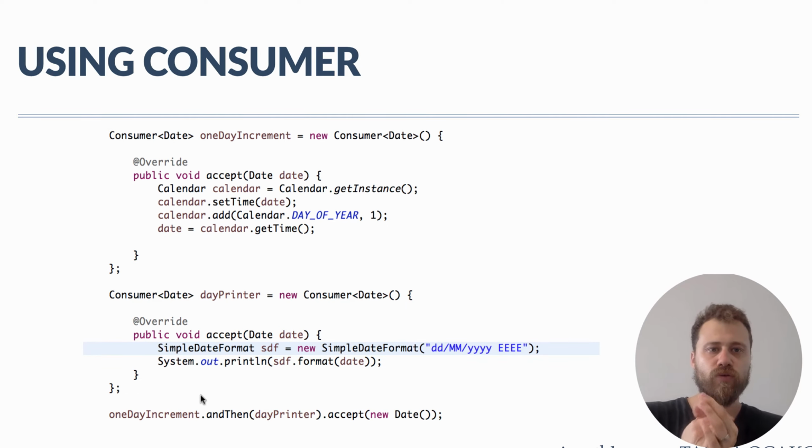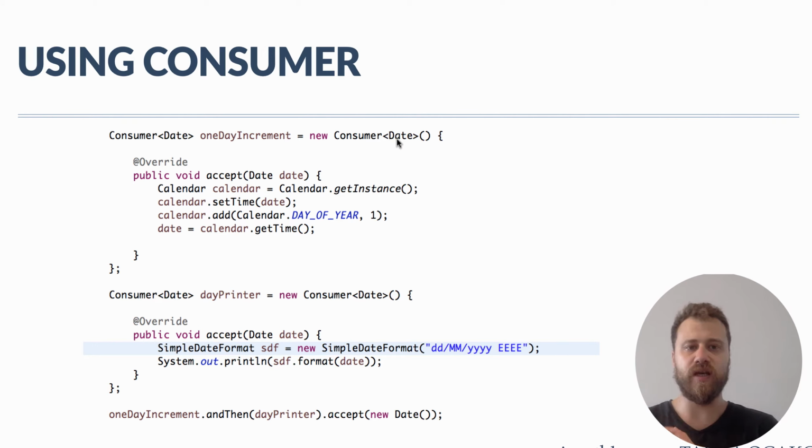So let me show you an example. Let's say we have a consumer of date class, and this date class simply gets the date and finds the next day's date. So it increments the date by 1 day and returns no output. We will use this consumer only for incrementing the date by 1 day.